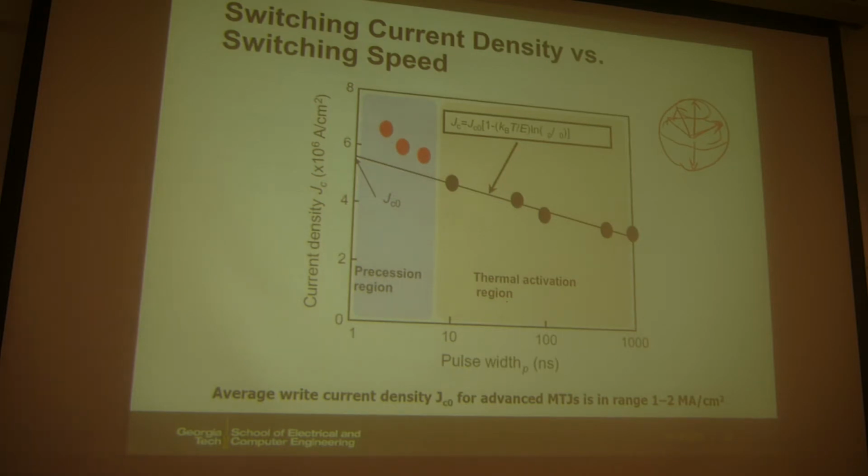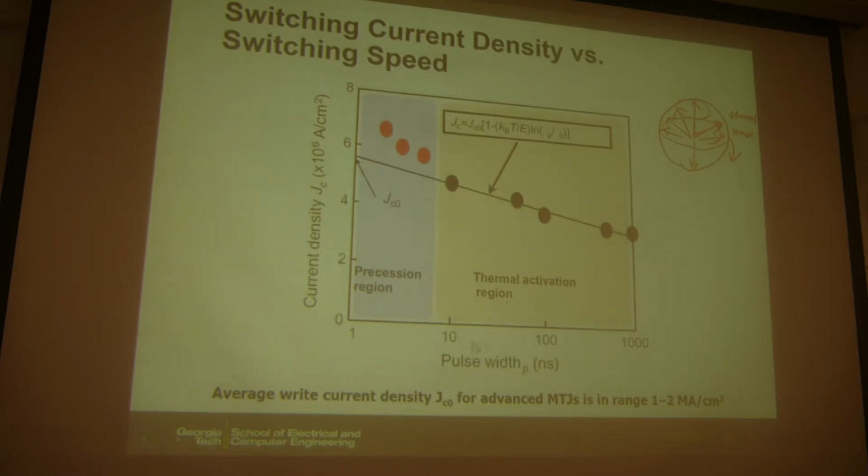So you need to wait enough time for some thermal noise to flip this across that critical boundary. So that's why if you want to lower the current density, you have to wait longer.